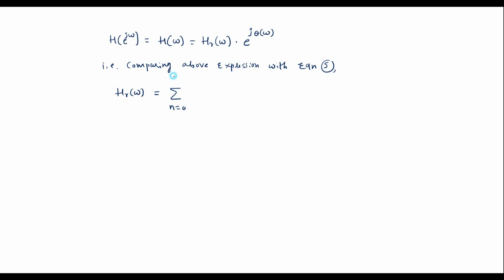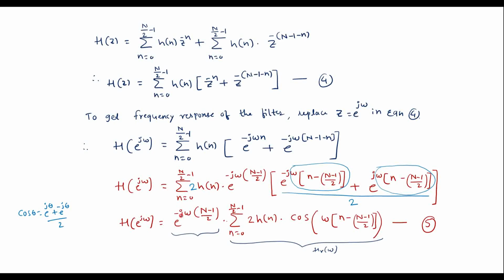summation n is equal to 0 to N by 2 minus 1 2 h of n cos of omega (n minus (N minus 1)/2), and e power minus j theta of omega is the phase term.